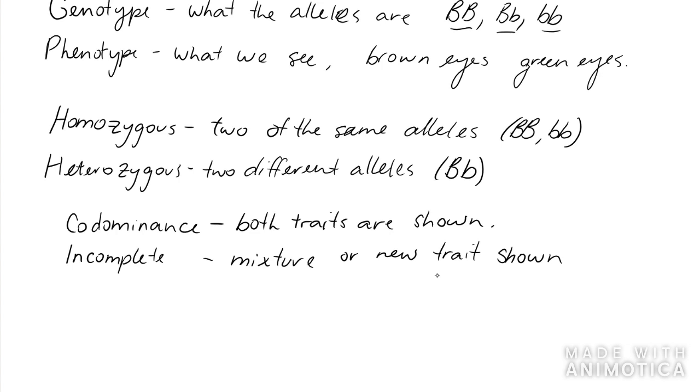A lot of the times when we talk about this, we talk about having a red flower and a white flower, and if you breed those two together, you'll get a pink flower because it's a mixture of the red and the white. But during the game, they do go through this, but they don't make it very complicated. I really like their approach.